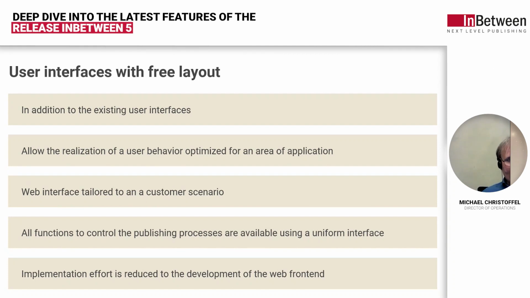This means if you want to have a custom UI, you need this custom UI module, and the only thing to be done is to develop the web frontend according to your needs, and use all the existing functionality. So the question, which products are available, what are the prices, generate me a document, update a document, everything is available. Only the UI has to be created.